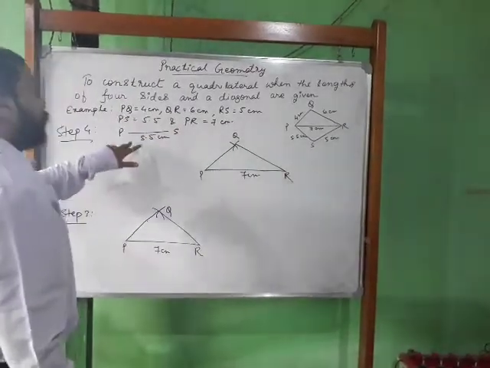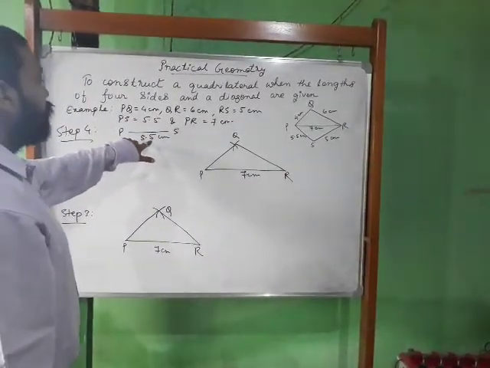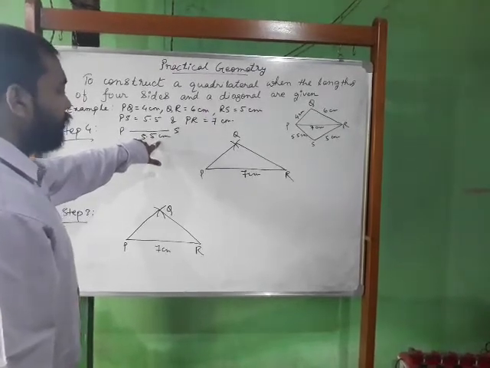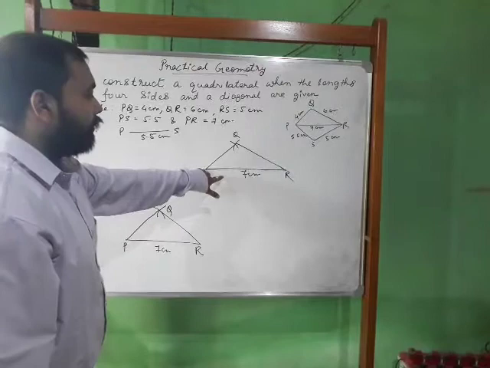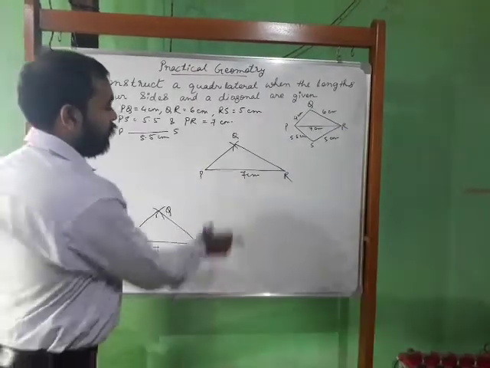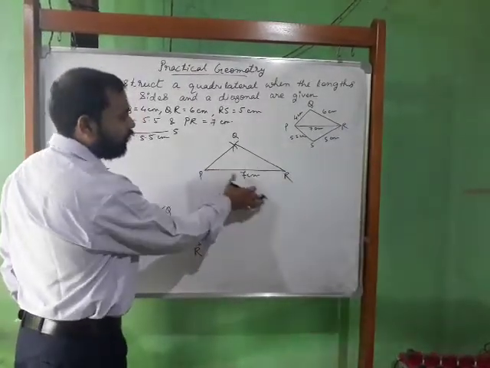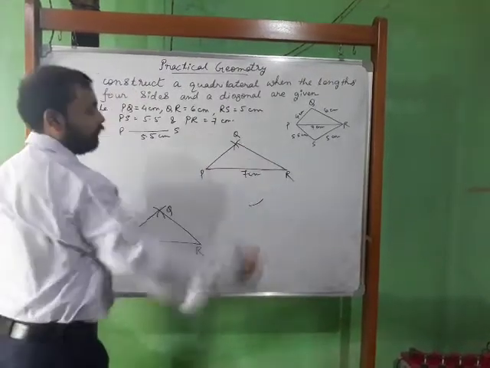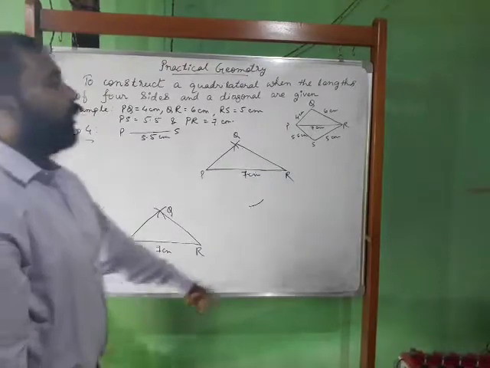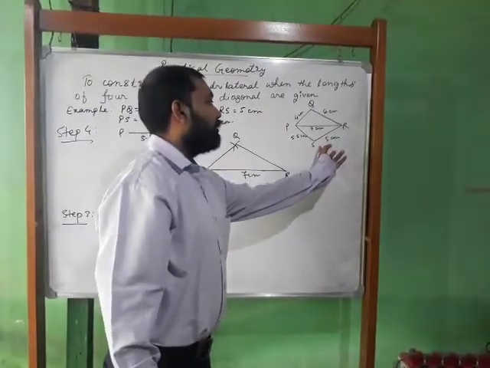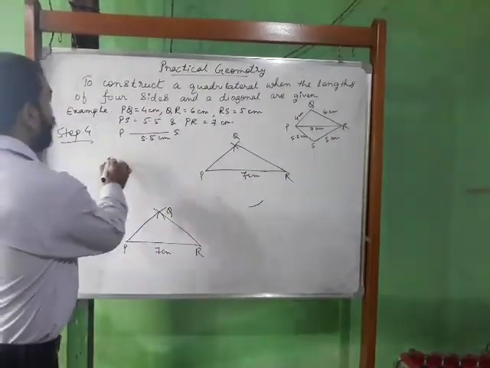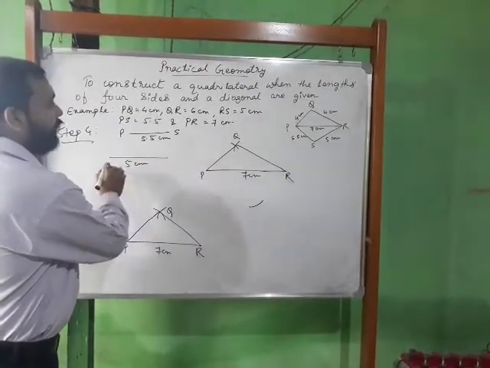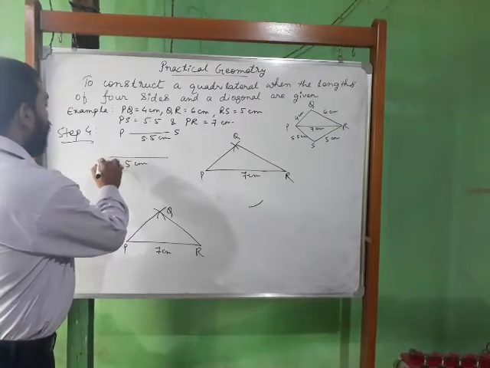Now you take the radius PS, that is 5.5 centimeter, with the help of your compass. From the point P, draw an arc just below this line segment PR. Now you draw the line segment SR of 5 centimeter with the help of your scale and name it RS.